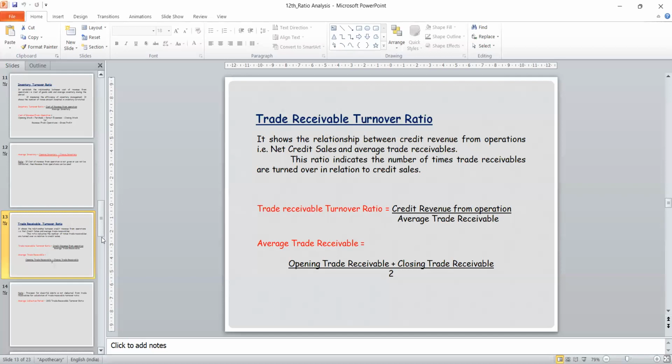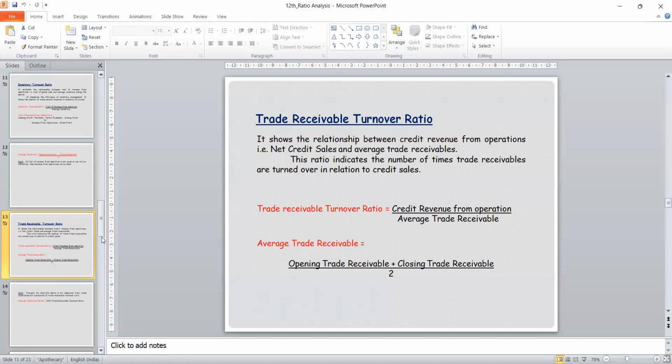So it shows the relationship between credit revenue from operation, that is net credit sales, and average trade receivable. This ratio indicates the number of times trade receivables are turned over in relation to credit sales.